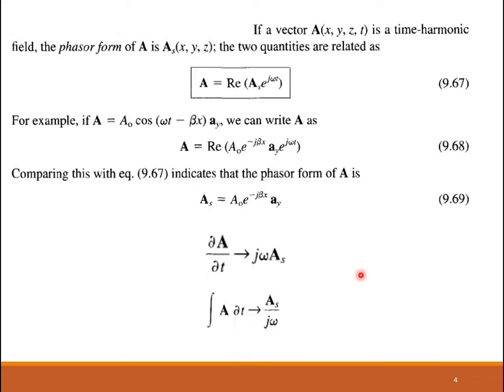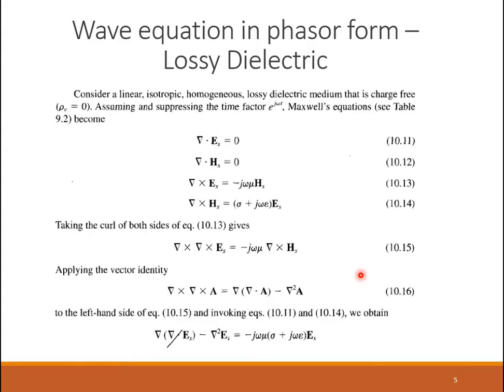These were some basics that you had to know in order to derive the wave equation in phasor form. Now we're going to actually start the derivation. The topic is to derive the wave equation in phasor form. Here also the approach is just the same. In the previous lecture, lecture 2, we derived the general electromagnetic wave equations from Maxwell's equations.